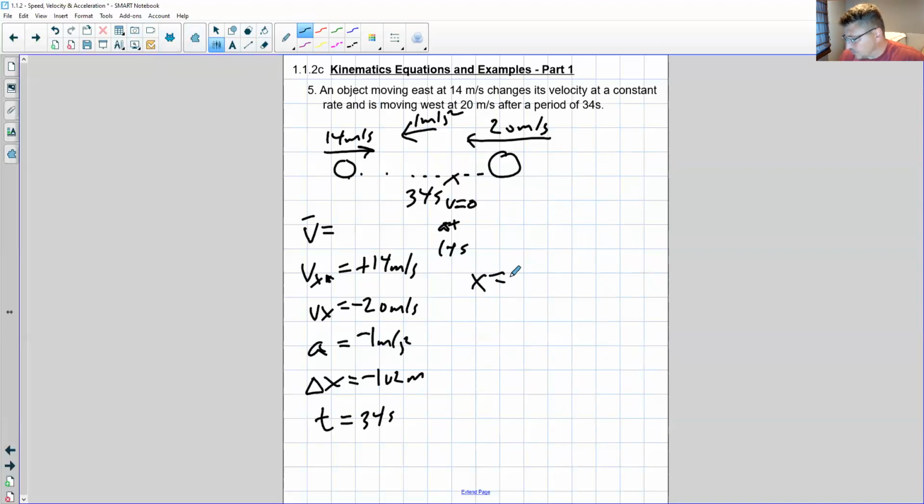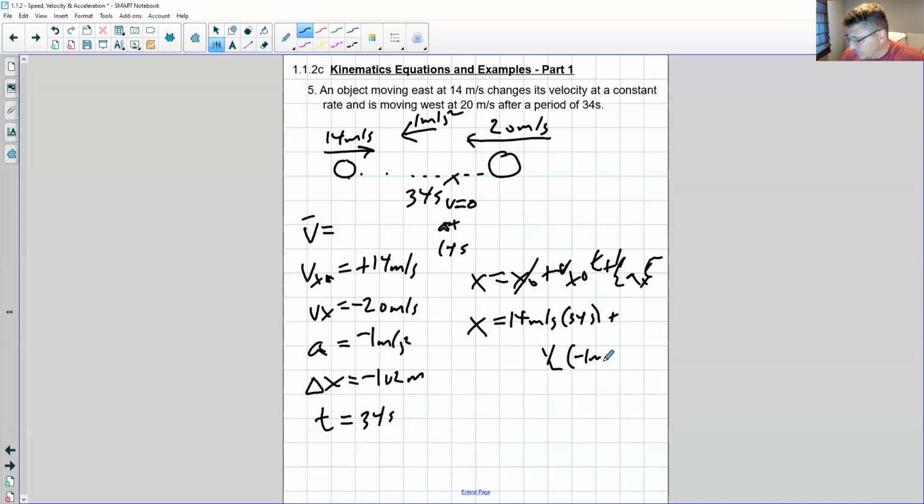So x equals x naught plus Vx naught t plus half ax t squared. So Vx naught, 14 meters per second times 34 seconds plus 1/2 negative 1 meter per second squared times 34 seconds squared.